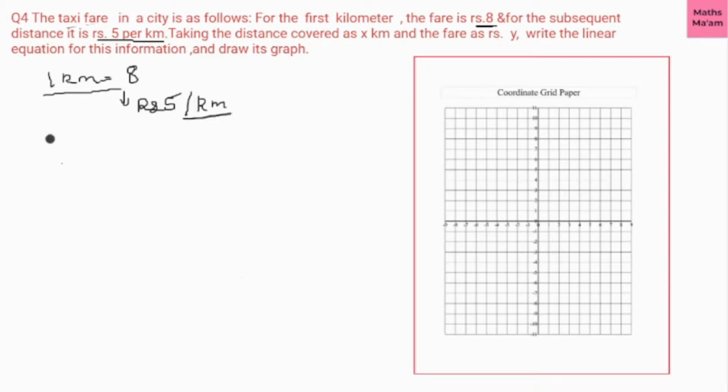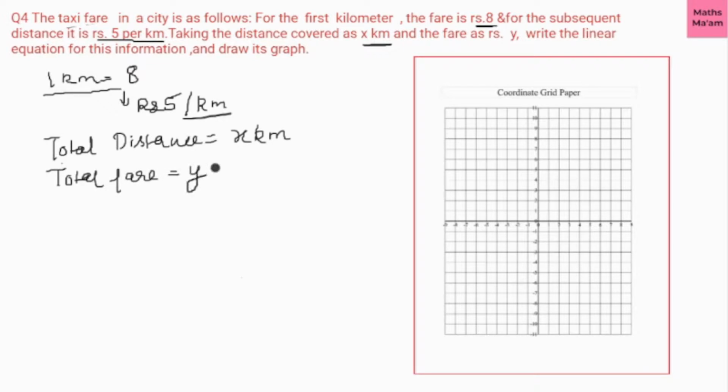Okay, and the total distance covered by the taxi is how much? X kilometer. This is the total distance covered, X, and the total fare, total charges कितने लगे हैं? Y. Now we have to write this fare in terms of the distance, right?